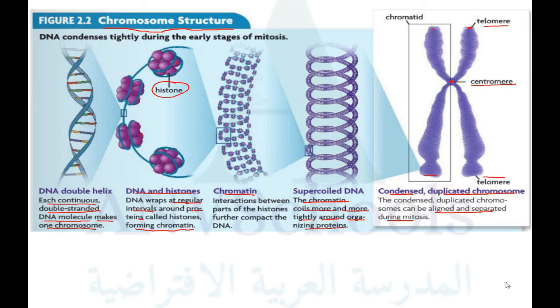Hello, welcome back. So we are saying here that at each stage or time during the cell cycle, each of your chromosomes is associated with a group of proteins called histones.